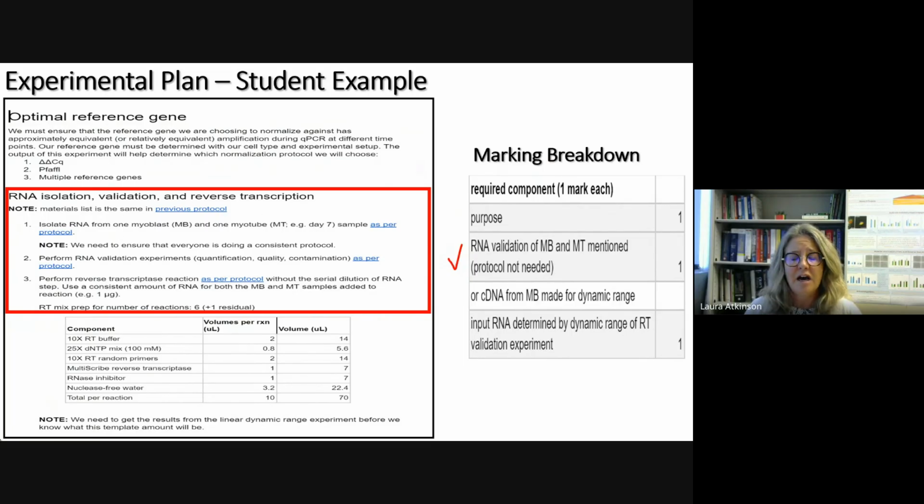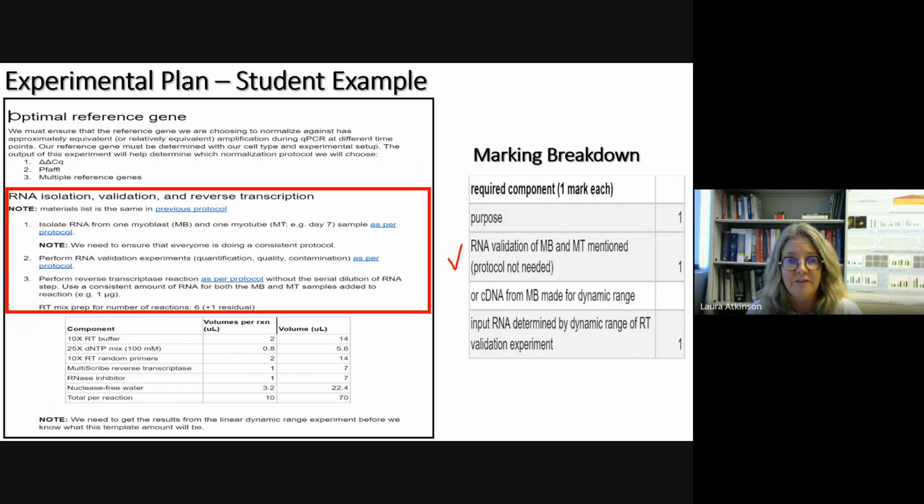within the protocol of isolating RNA and validating it and performing reverse transcription, I identify the things that they would have to think about, things that we would tell them in a traditional lab, but things that they would need to think about in designing their own experiments.